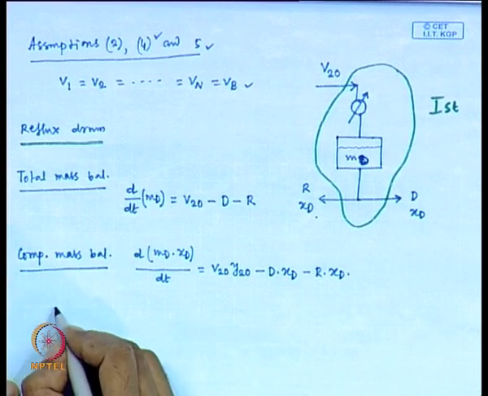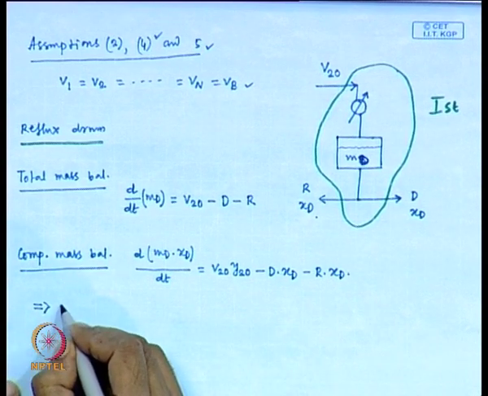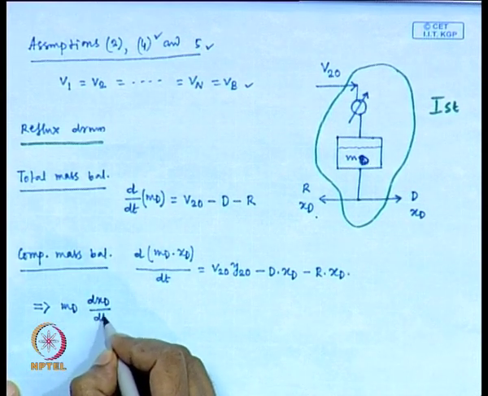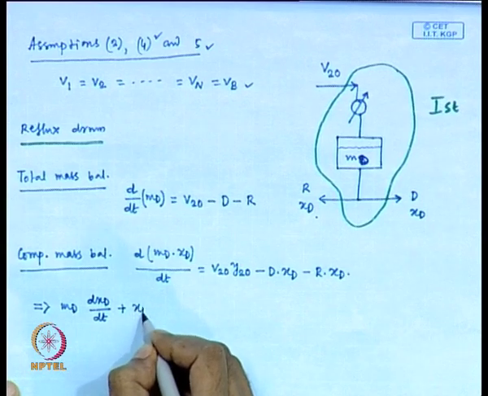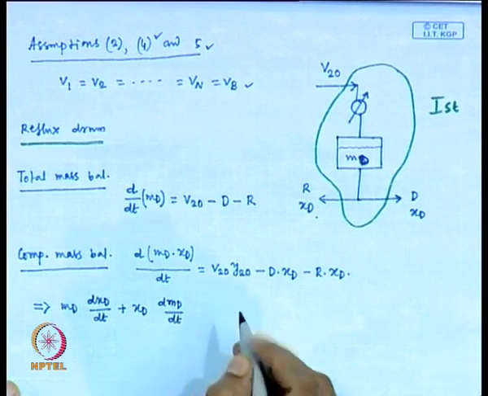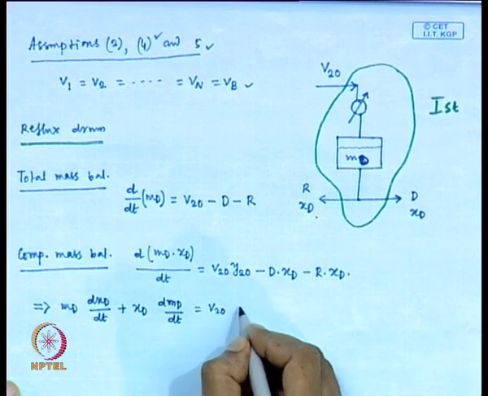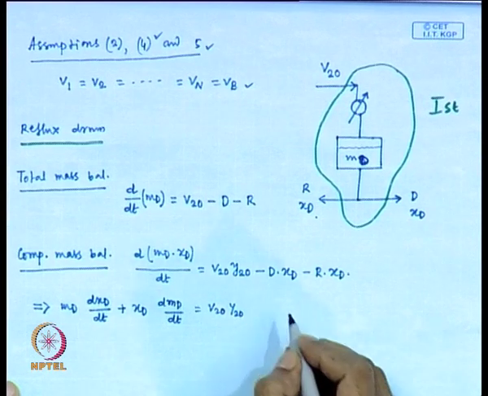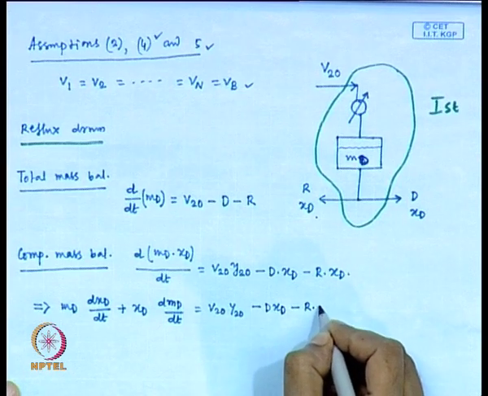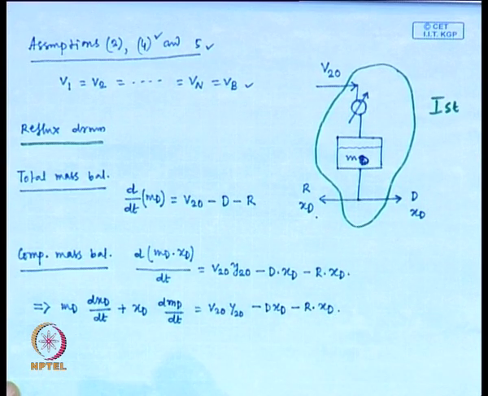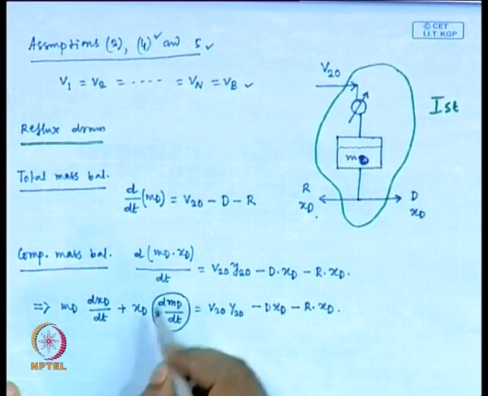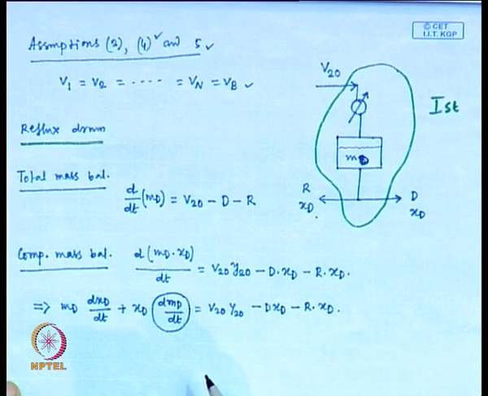Now, we wish to simplify this equation. So, MD dxD/dt plus xD dMD/dt equals V20 Y20 minus D xD minus R xD. We will substitute the dMD/dt term here.